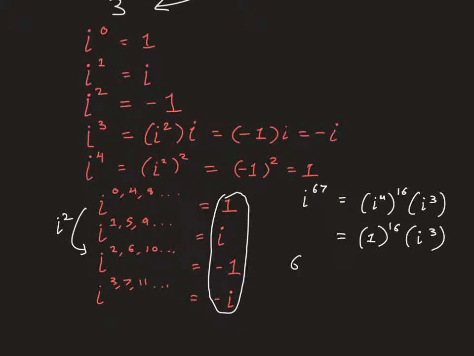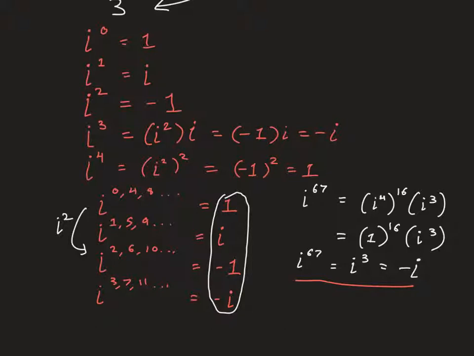And that gives us i to the 67 equals i cubed, and that's also negative i. So we can take large powers of i and turn them into smaller powers of i based on how many i to the 4s go into it.